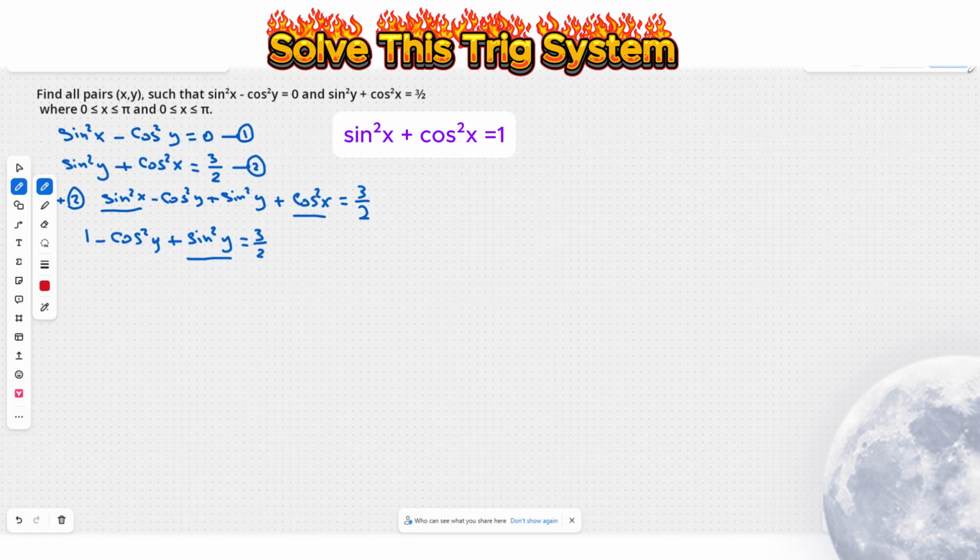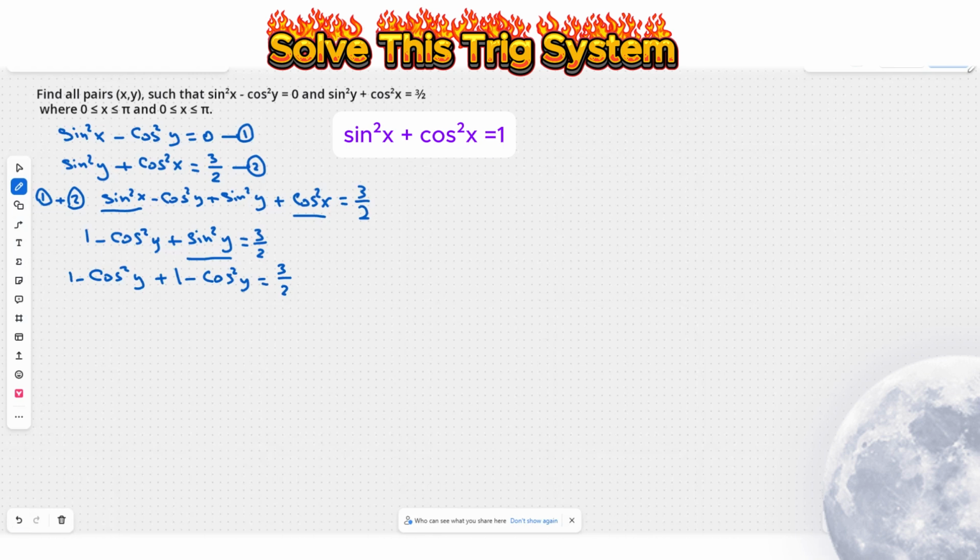So sin² y, I'm going to use the Pythagorean identity, where I could move the cos² to the other side, and it becomes sin² x or y equals 1 minus cos². So we have 1 minus cos² y plus, and this we're going to change it to 1 minus cos² y equals 3/2.